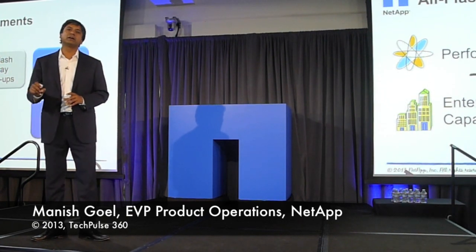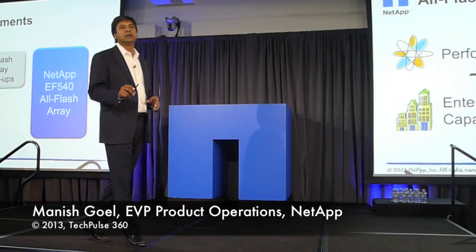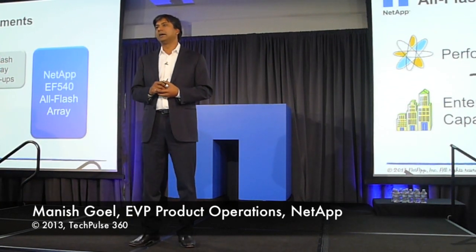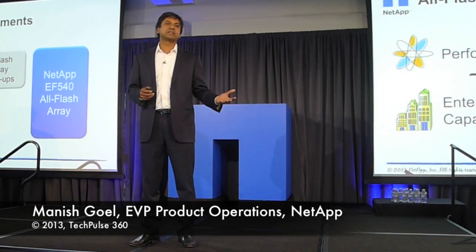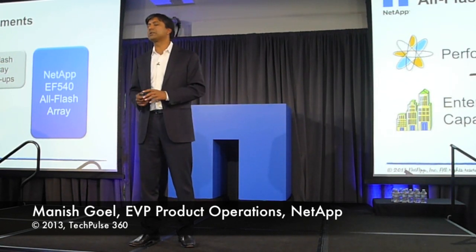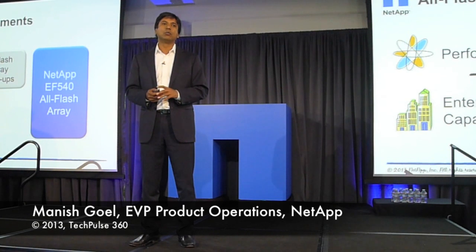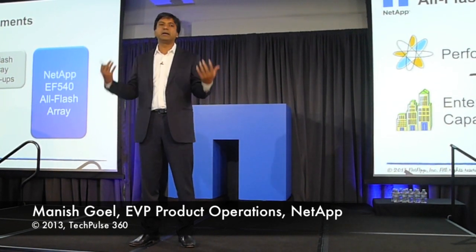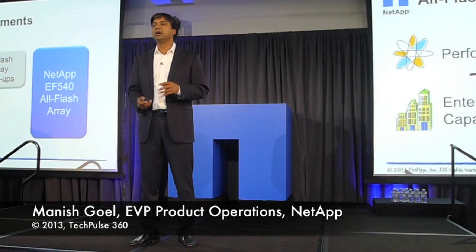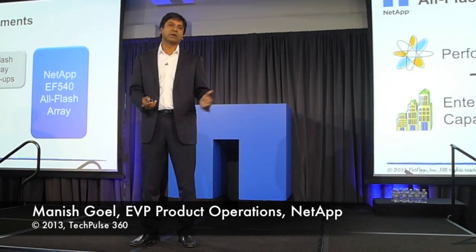And this is where the EF540 is so compelling. It combines the performance characteristics of flash with the enterprise-class availability characteristics that we, by being in the industry for the last 20 years, know and understand really, really well.